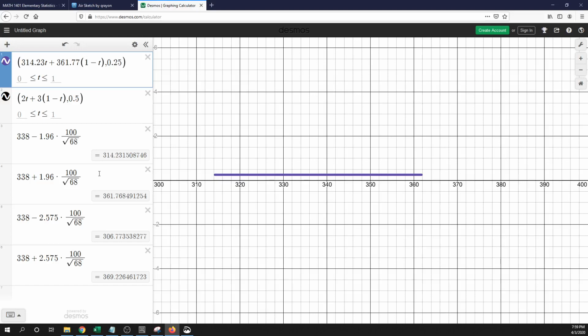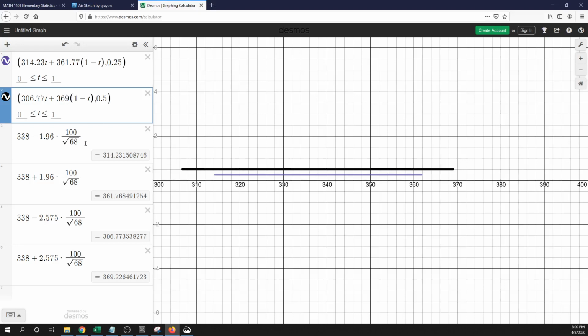Okay. All right, I'm going to do the same thing with the 99% confidence interval. So that's 306.77, and that goes all the way to 369.23.